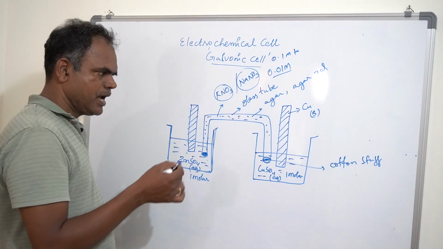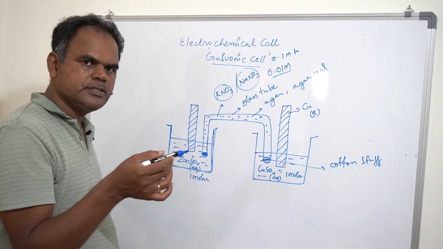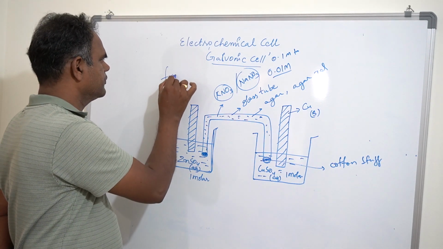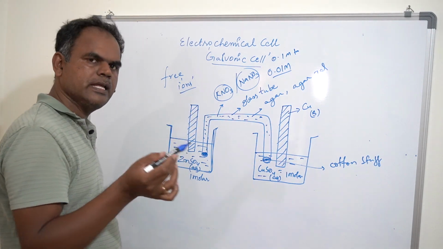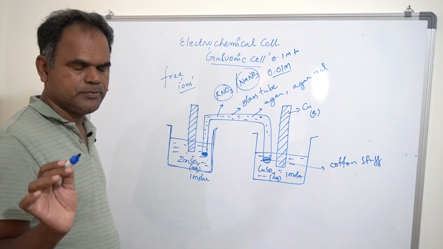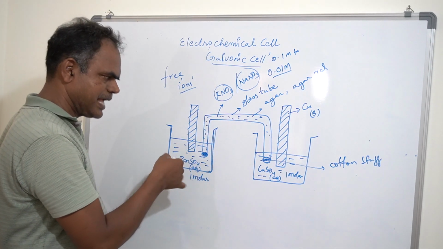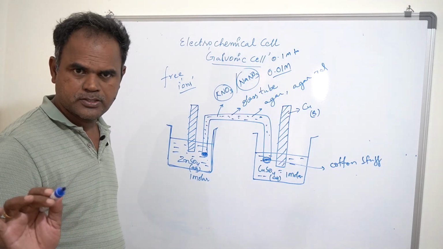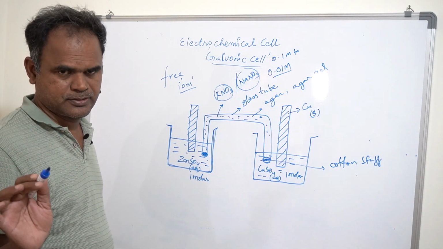So why do we have to use cotton stuff? The cotton stuff is permeable for the free movement of ions, cations, permeability we say. So the salt bridge interacts with the solutions only in terms of ions; the salt bridge doesn't take part in the chemical reactions.